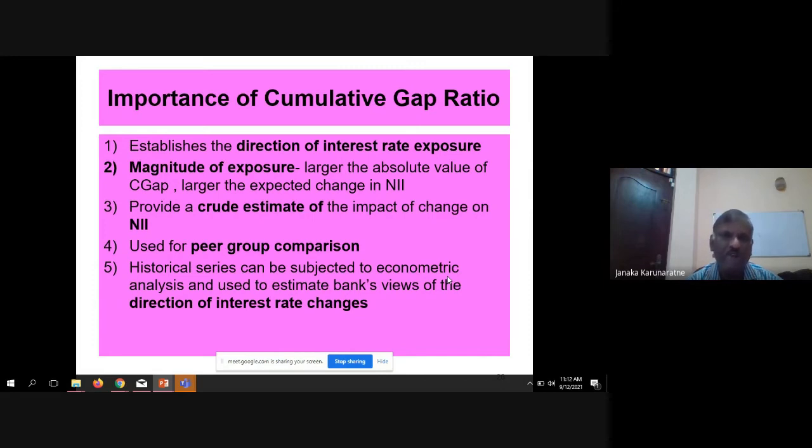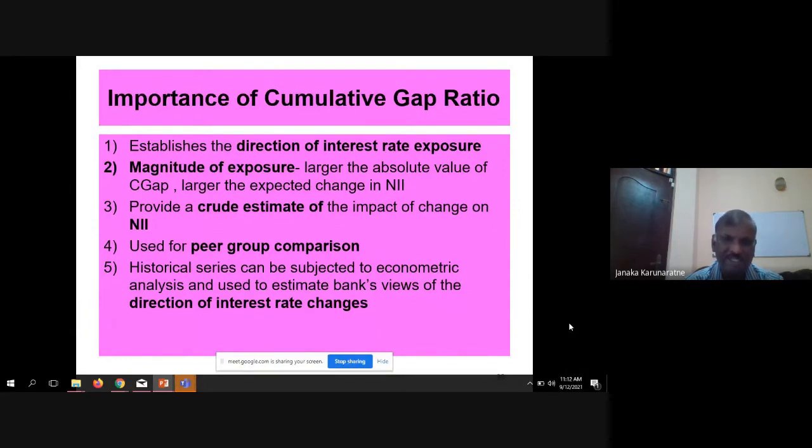Now, again, one way of looking at it is you can compare with other similar peer banks. Say you are in a banking industry with certain size and certain features, so probably you can compare, let's say, Bank A can have a look at what is the cumulative gap ratio of Bank B, which is more or less similar to the business of my bank. Then also historical series can be subjected to econometric analysis.